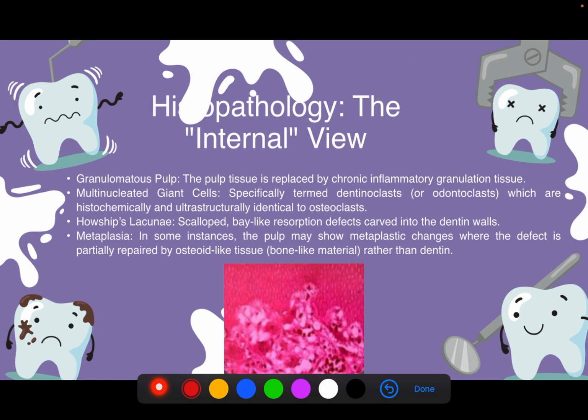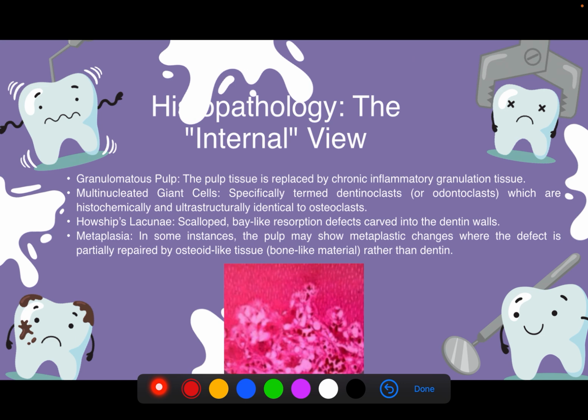Before I go into this, we need to know that pink tooth is classically associated with internal reabsorption. However, advanced external reabsorption that perforates inward may sometimes show discoloration. As we move into histology, we need to understand what happens at a microscopic level.